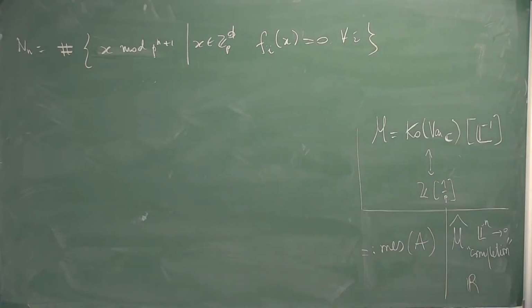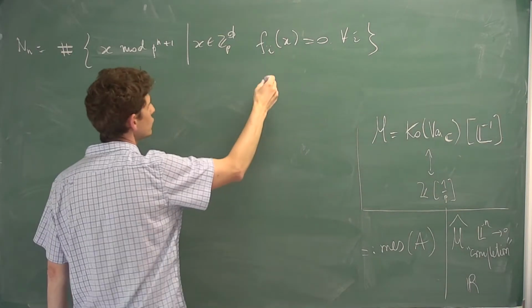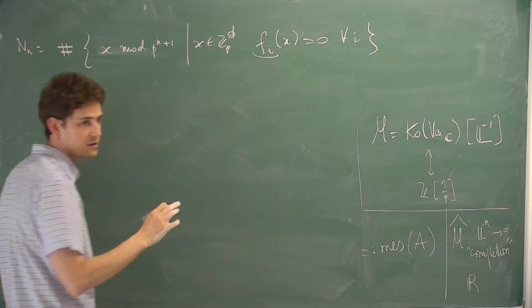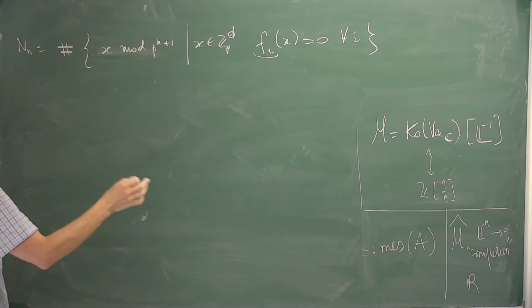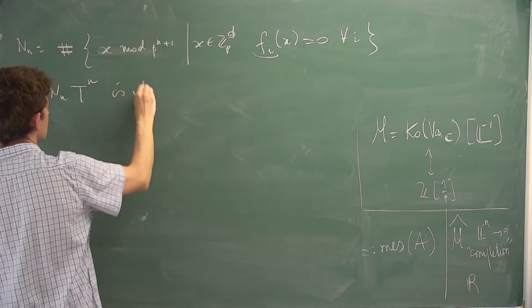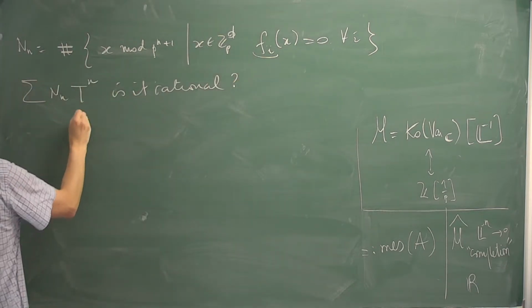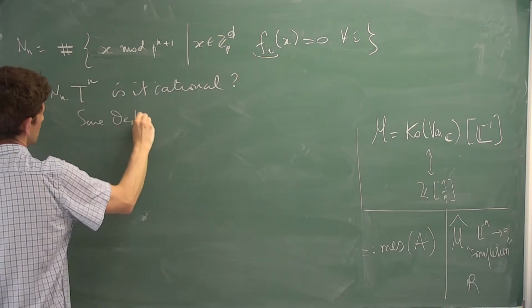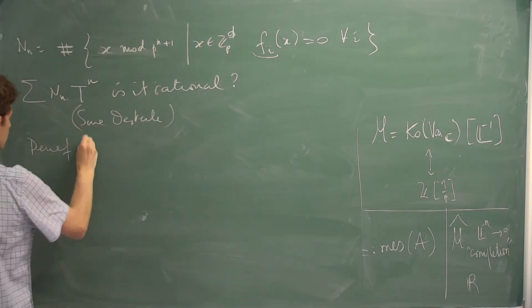So here, I am equal to 0 up to truncation modulo p^(n+1). Here, I am equal to 0. So I'm looking at a solution of f_i equals 0 in that ring. This is different. Okay. And Serre and Oesterlé ask about the rationality of that zeta function. And Denef, using logic, proves the rationality.